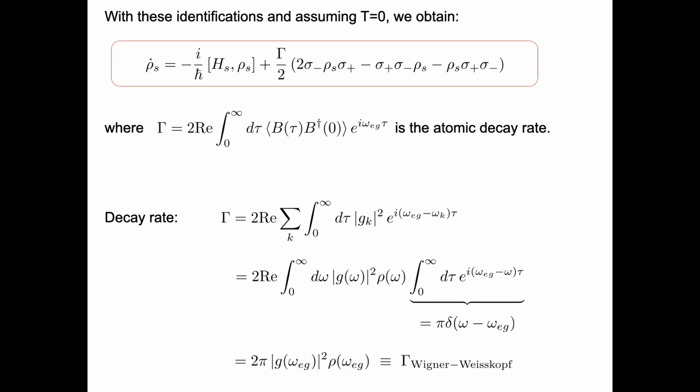You can immediately work out what happens if this is in a thermal state. Then this correlation function gives me this expectation value. Here I have the a_k dagger expectation value that I plugged in here.